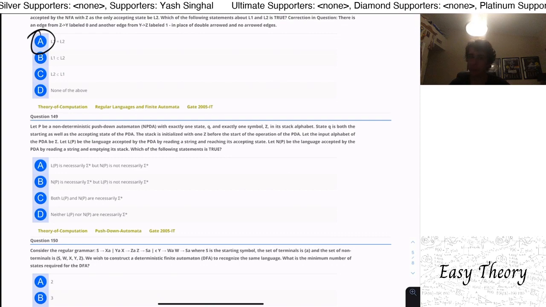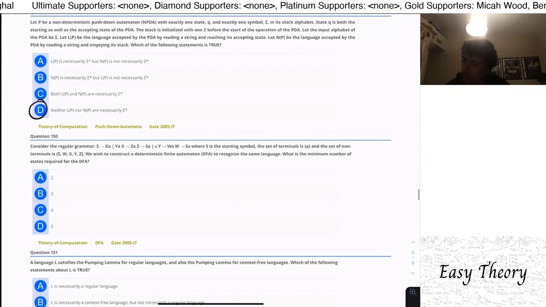Oh, this is actually interesting. Yeah, because we could leave transitions out, so neither of them has to be sigma star. Yeah, because we can leave both of the transitions out if we wanted to.